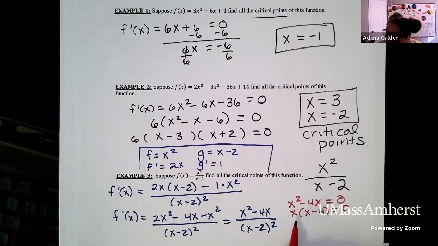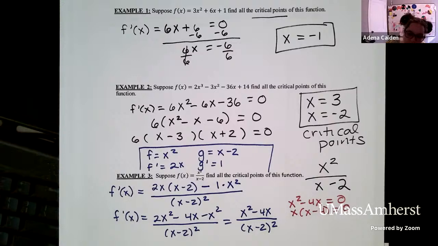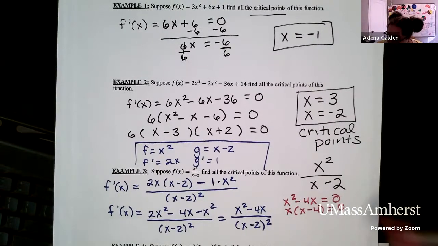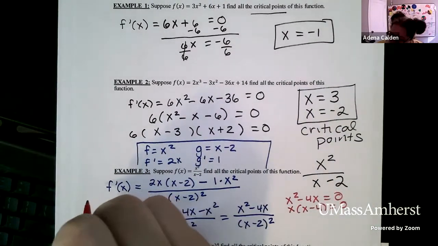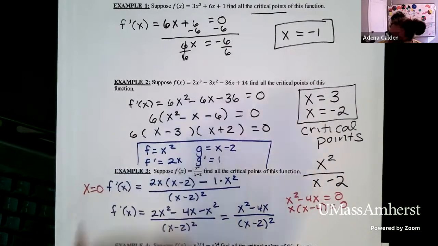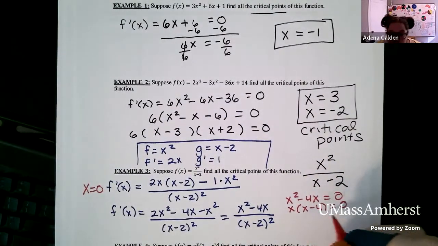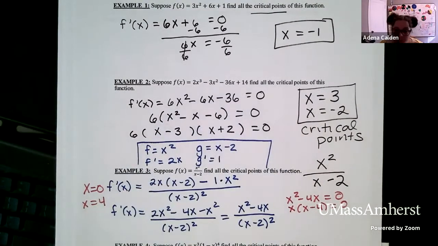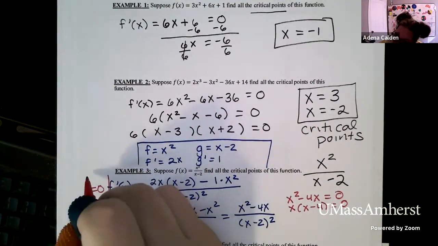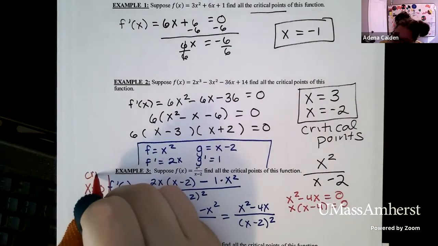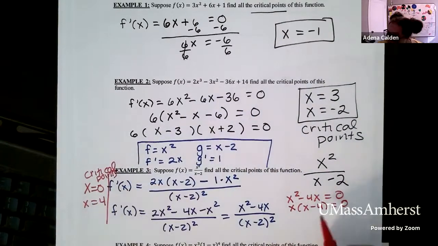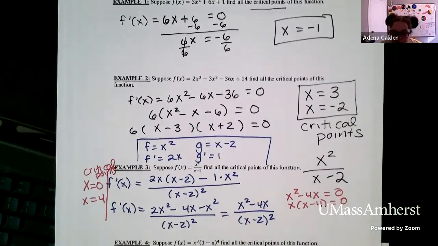Now I have two factors multiplied together equals 0, which means one of them has to be 0. If I set x equal to 0, then I get x equals 0, so I'll start making a list. And if I set x minus 4 equal to 0, I get x equals 4. So I have these two critical points from setting the numerator equal to 0.